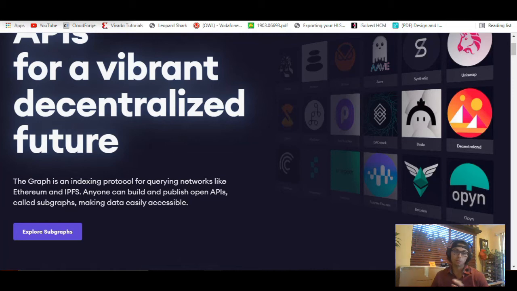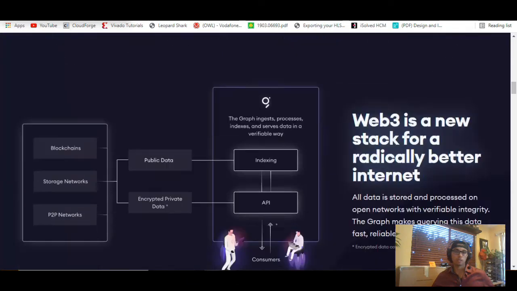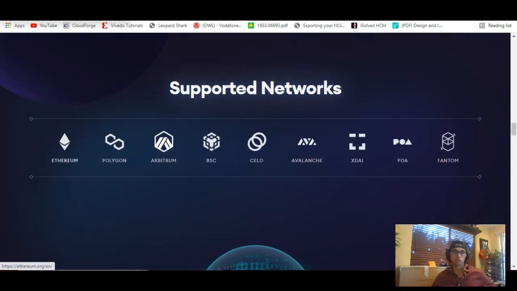I feel like they're squeezing in the IPFS thing, but my hunch is that there are applications that are currently using this, and they're Ethereum. And even if you look at supported networks: Ethereum, Polygon, Arbitrum, BSC, Celo, Avalanche, xDai, POA, Fantom. Some of these I haven't heard of, but Celo, I believe that's based on Ethereum.